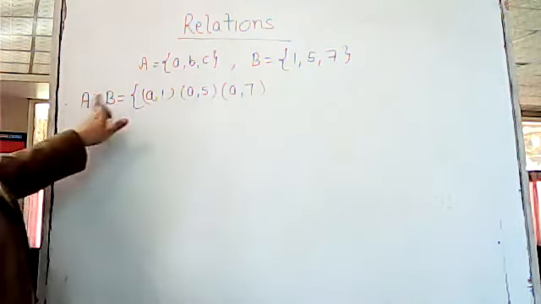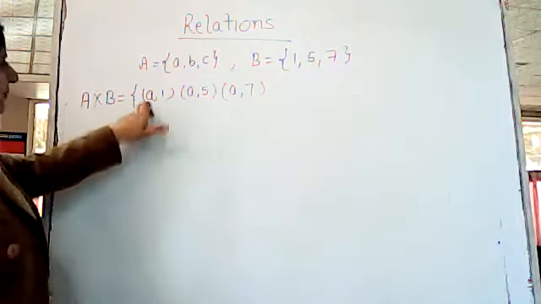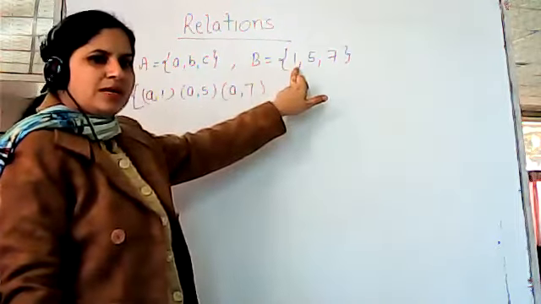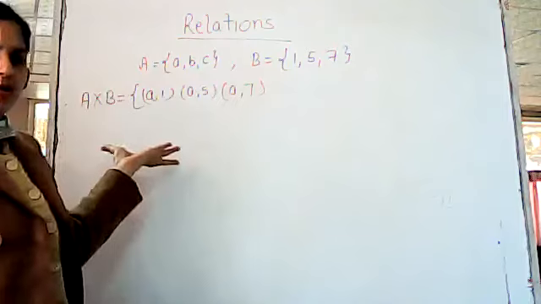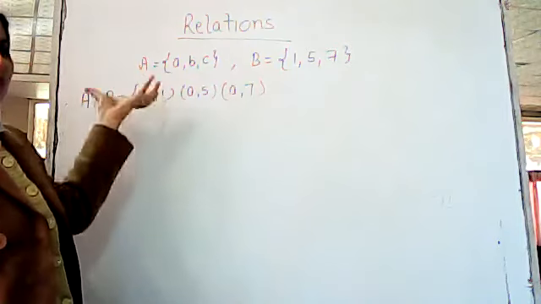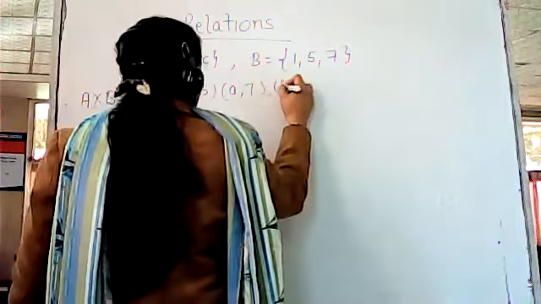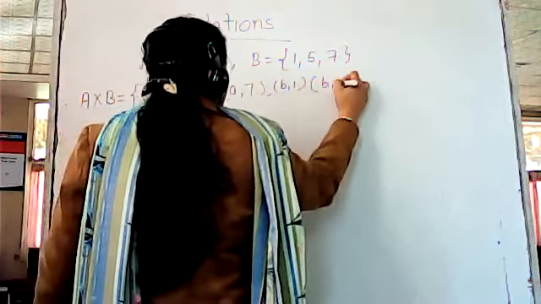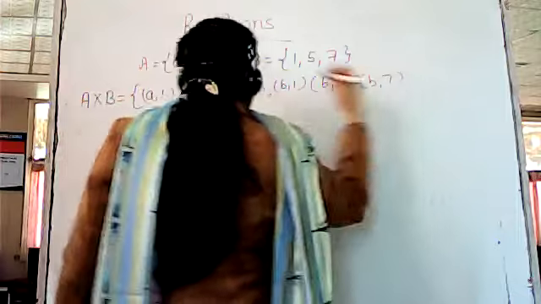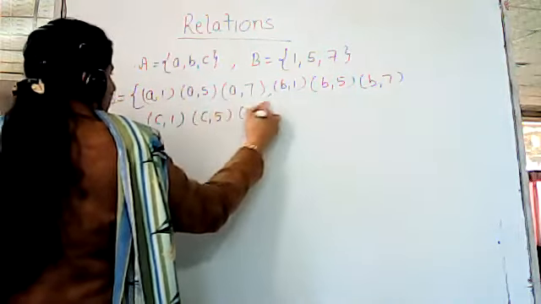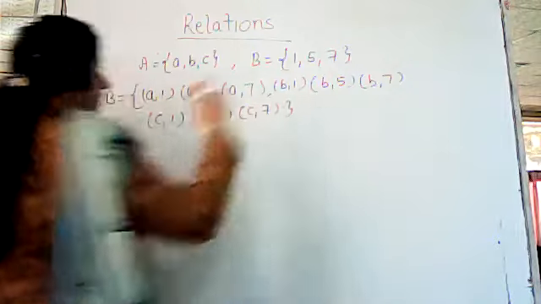What do you mean by Cartesian product? The first element belongs to the set A and the second element belongs to the set B. So it is the collection of ordered pairs. Now what are the maximum possible ordered pairs in A cross B? The next are (b, 1), (b, 5), (b, 7), (c, 1), (c, 5) and (c, 7).